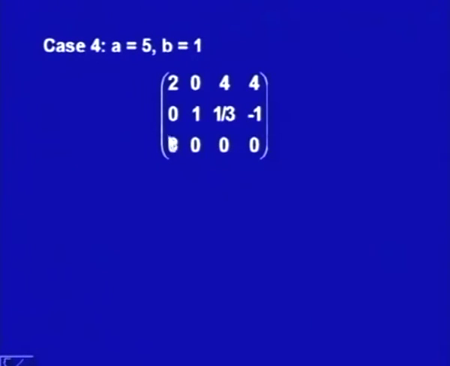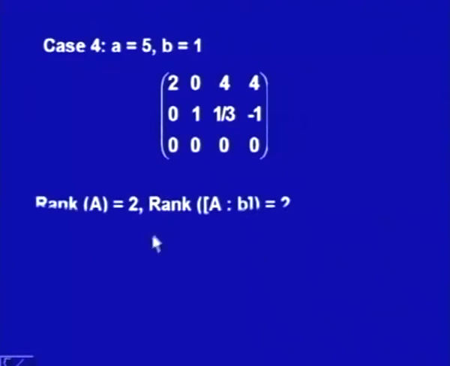Now, let us see what is the rank of the coefficient matrix. It is not 3, that is clear, but this matrix has a non-zero determinant. So, the rank of this coefficient matrix will be 2, and similarly if you consider the complete matrix, then the rank of the augmented matrix will also be 2. So, rank of A is equal to 2, rank of A colon B is equal to 2.